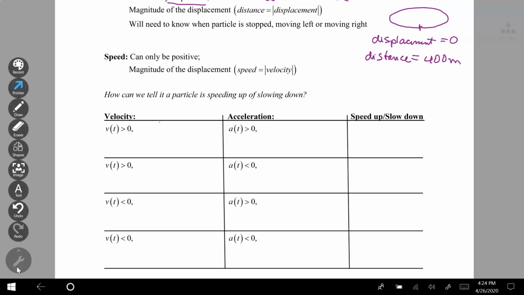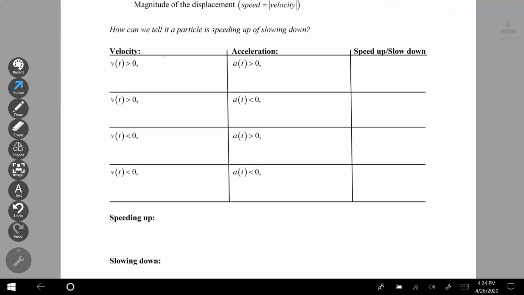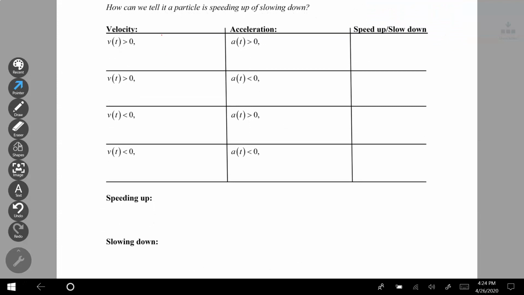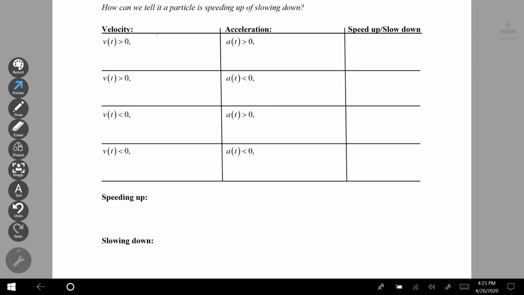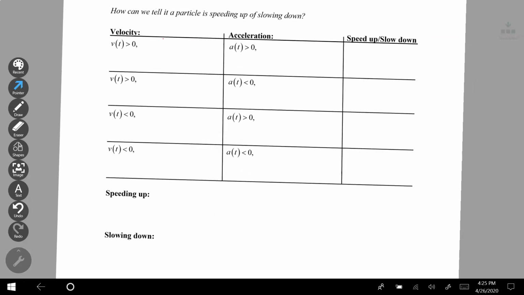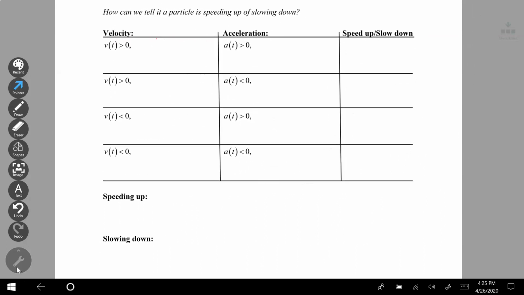So let's look at this table. Let's see how we can tell whether something is speeding up or slowing down. So let's look through some examples. Let's say I have a velocity that is equal to 3, and my acceleration is equal to 2.